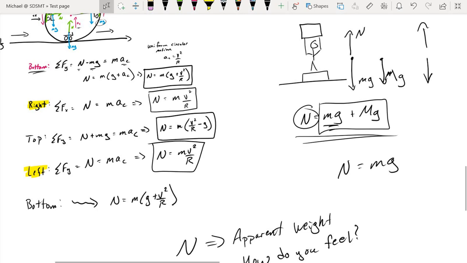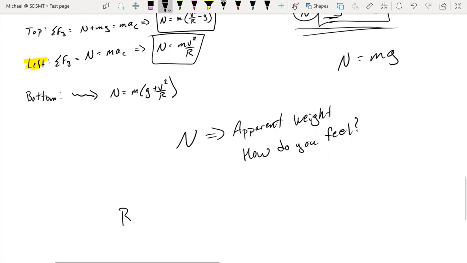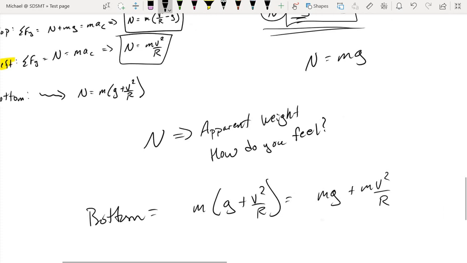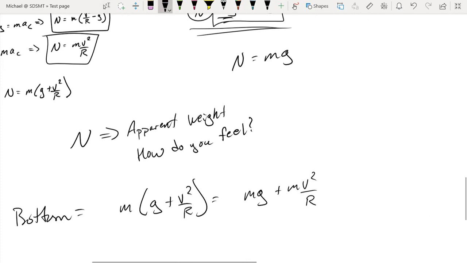But in the first case here at the bottom of the loop, not only do you have mg at the bottom of the loop, we have mg plus mv squared over r. So not only do we have mg, but we have the added effect of the centripetal motion.